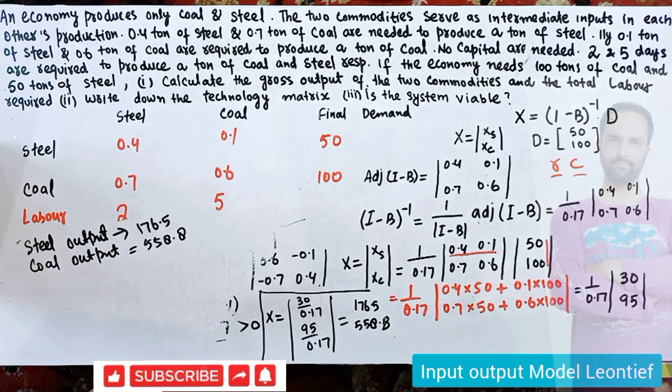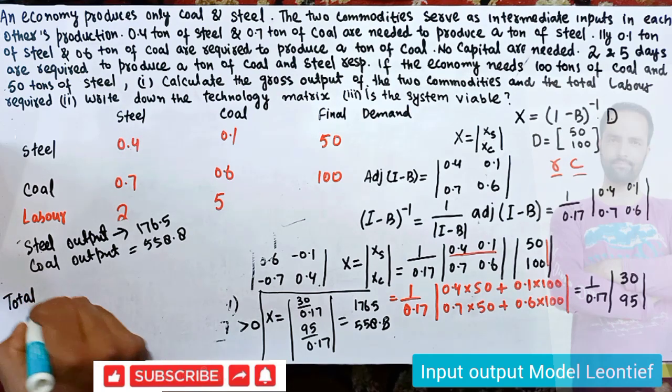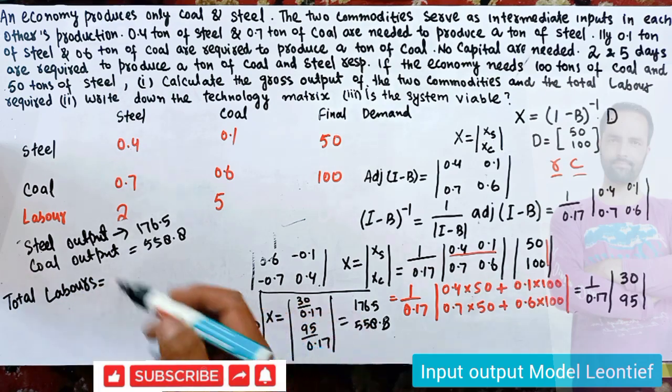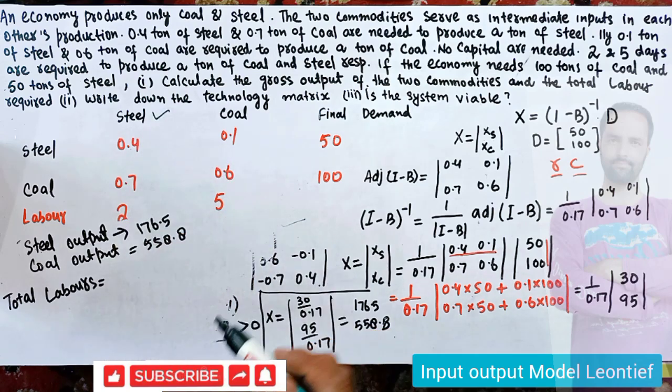Now we need to find out the total number of laborers required. Let me write it here. So total laborers will be equal to, we know that to produce 1 ton of steel we need, actually it should be 5 here.